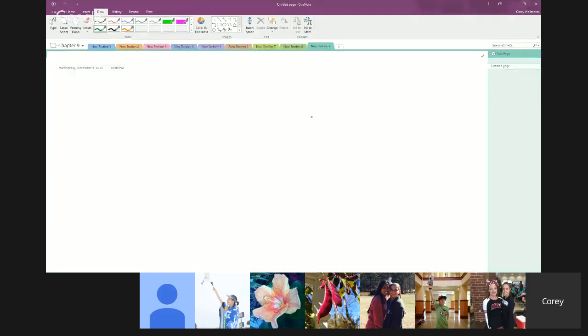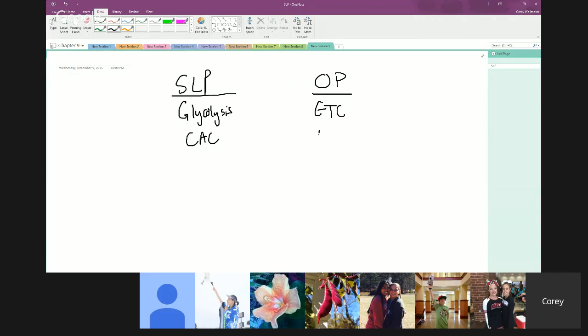Okay, I have a student asking me to explain the difference between substrate level phosphorylation and oxidative phosphorylation. Substrate level phosphorylation happens in glycolysis and in the citric acid cycle. Oxidative phosphorylation happens thanks to the electron transport chain, and the enzyme that's actually doing it is ATP synthase.